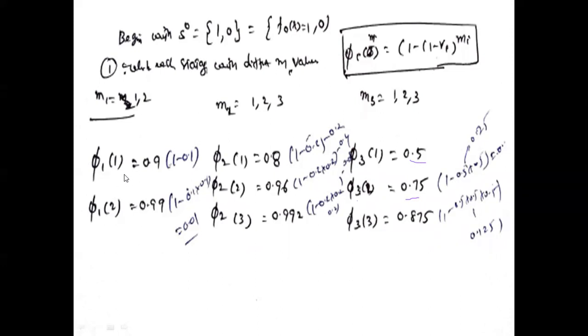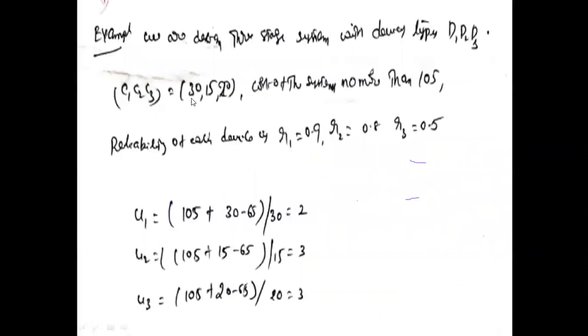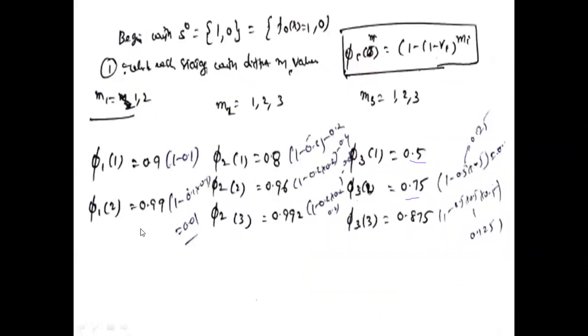Similarly, we are calculating the cost. Suppose the number of devices is 1, D1 equal to 1, the cost is 30. Suppose the number of devices is 2, the cost is 60. Here 30, 60.